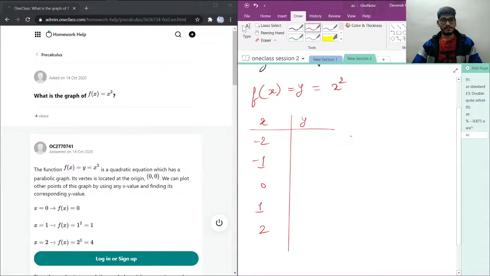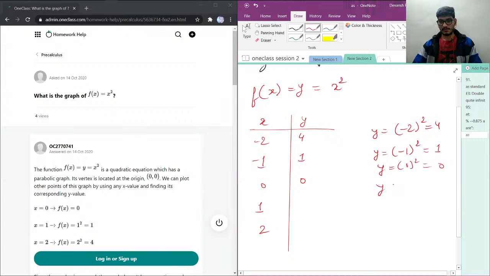So for x equals -2, we'll have y as 4. For x equal to -1, we will have y as 1. For x equals 0, we have 0.